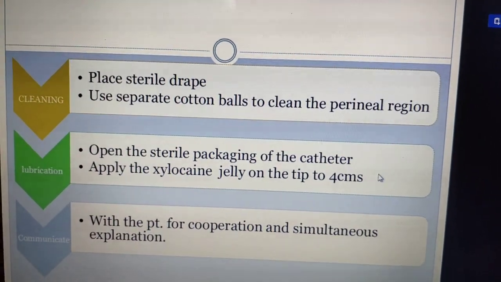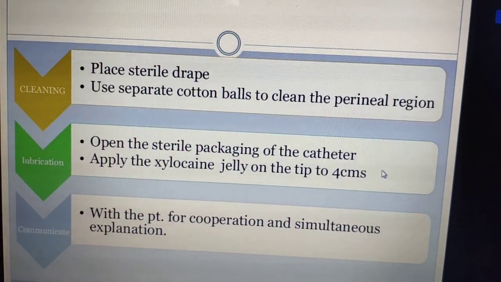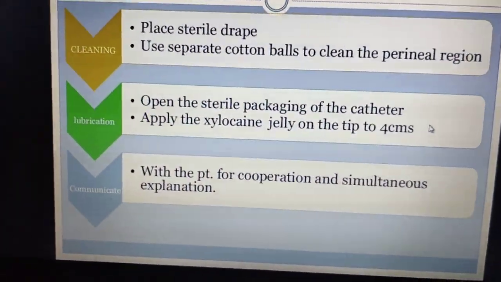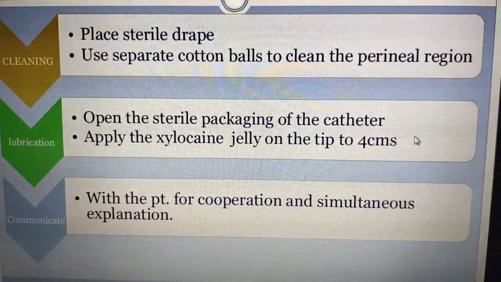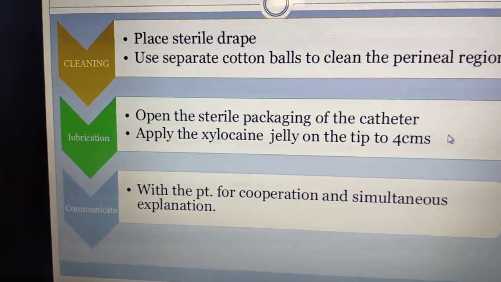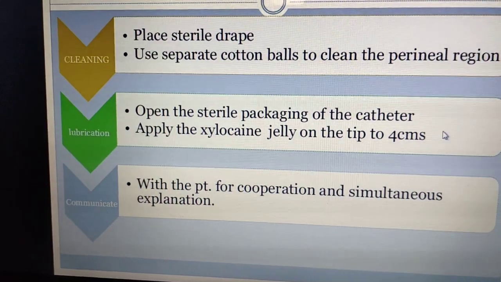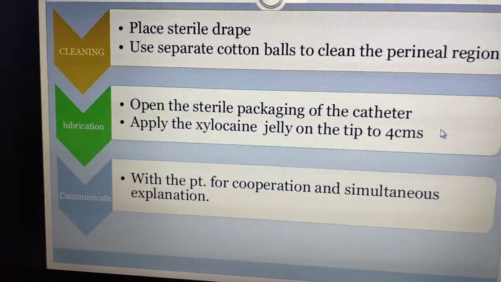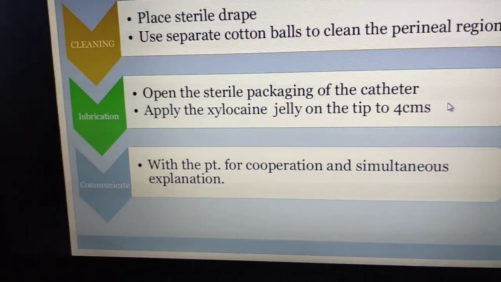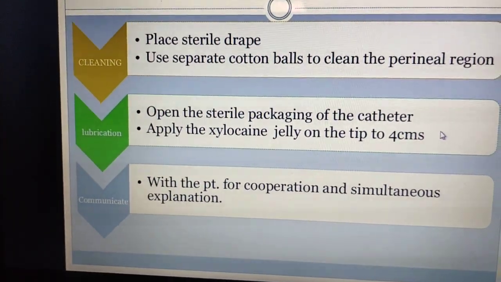Sterile drape, and use separate cotton balls to clean the perineal region. It's very important. Sometimes we call it painting. Painting means to clean the area. From the inner area to the outer area, you have to use a separate ball. Clear, no? In a rotating manner from the inner area to the outer area, with betadine or some antiseptic lotion.